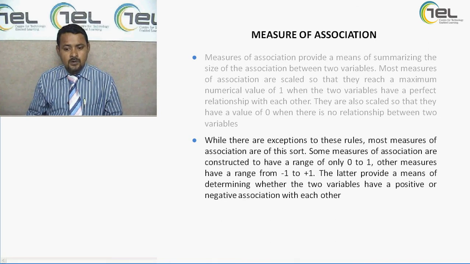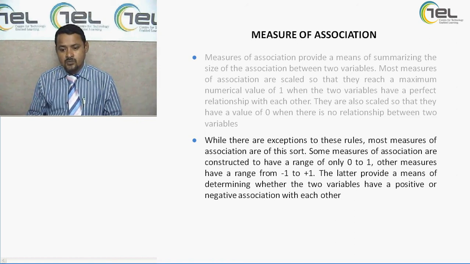There are always going to be certain exceptions to these rules. Most measures of association are of this sort. Some measures of association are constructed to have a range of 0 to 1, and others are constructed to have a range of -1 to 1.